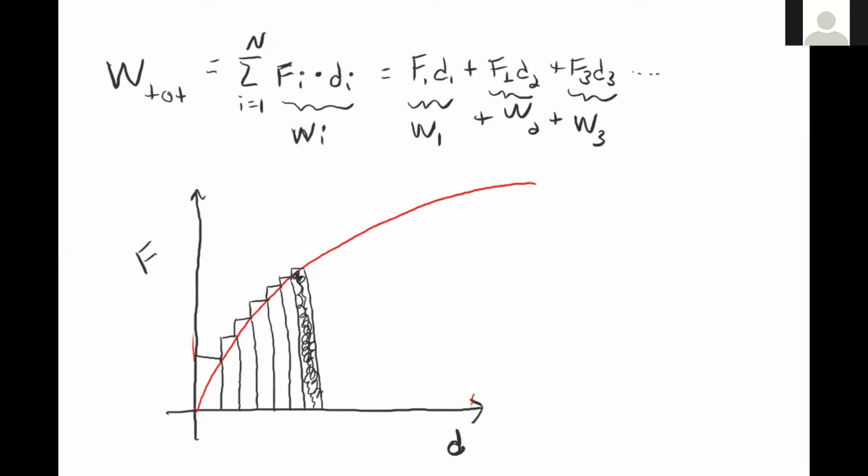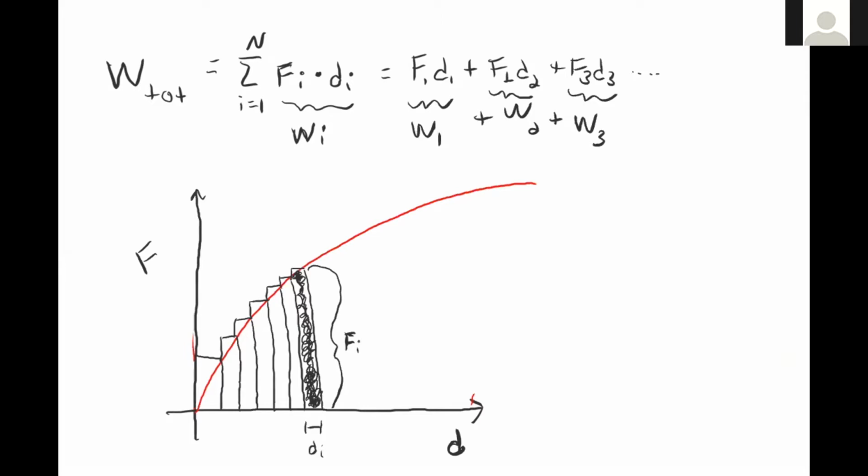So this black tall rectangle that I've colored in represents one of these little incremental steps that we can make. It has a width of, we call it DI, and a height of FI. For whatever step you're on, you stretch the spring by some tiny distance, DI, from the previous measurement, and you see what force you needed to stretch the spring over that little increment.